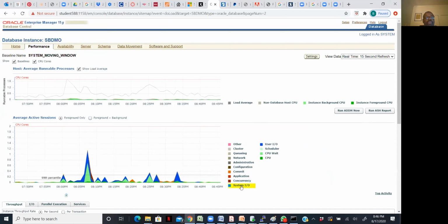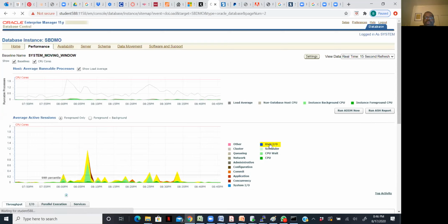All right, system activity, user IO. So we have something there, you can look at that metric and you see different times, see what was happening within different times.